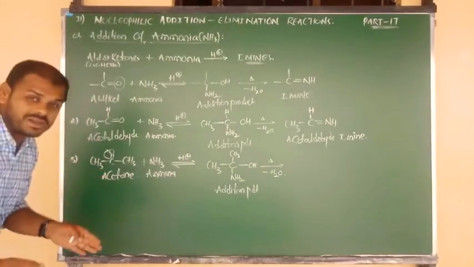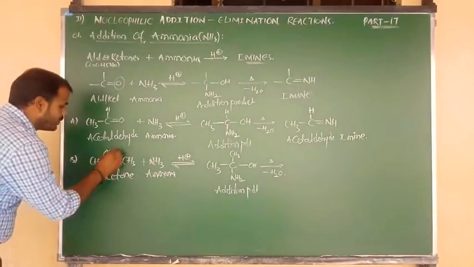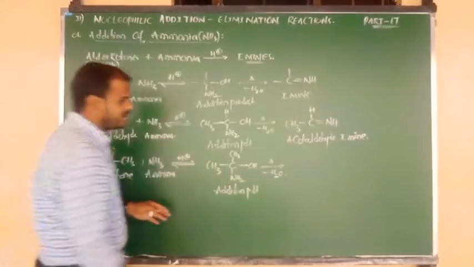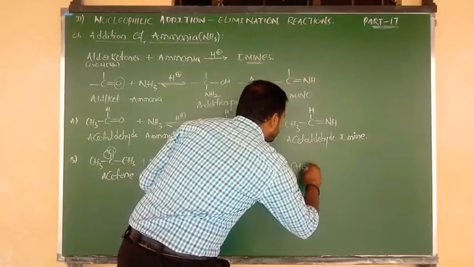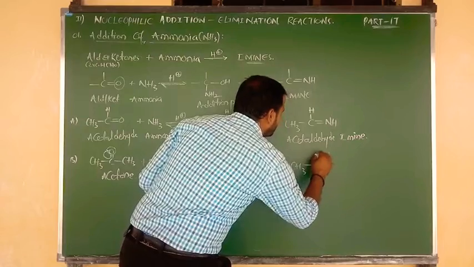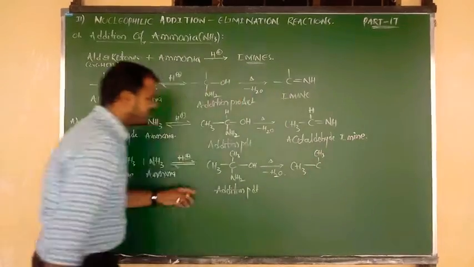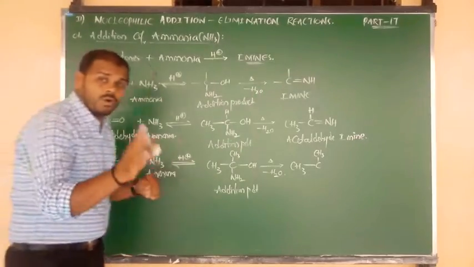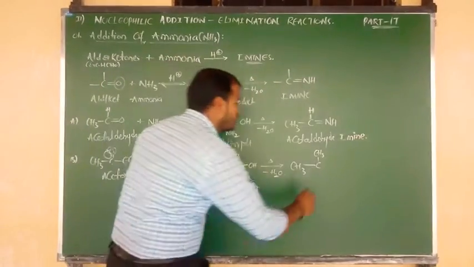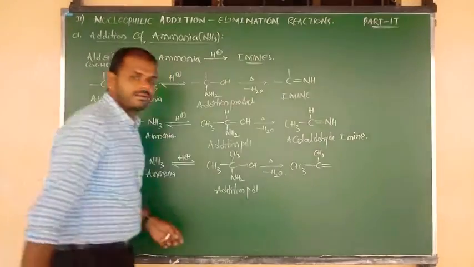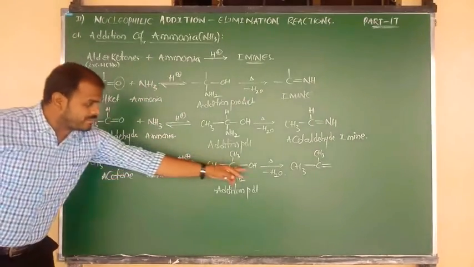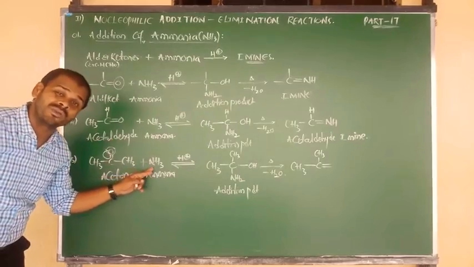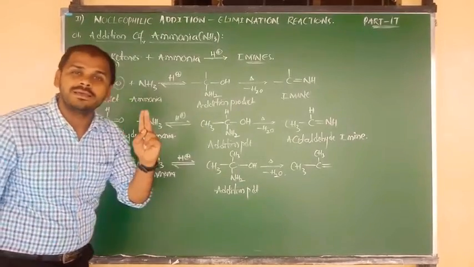How do we eliminate the water molecule? From the ketone we remove the oxygen and write the remaining groups the same: CH3 bonded to C, and CH3 above the plane. What remains is C double bond, but the O was eliminated in the form of water. Here we remove a water molecule, so two hydrogens are also removed from NH3, and the remaining is NH.